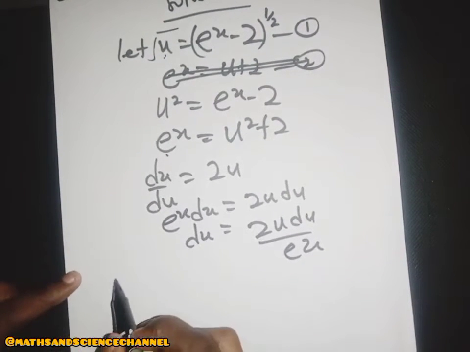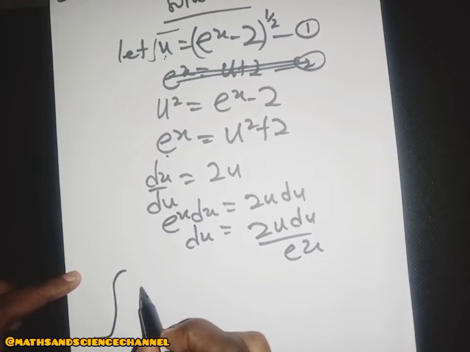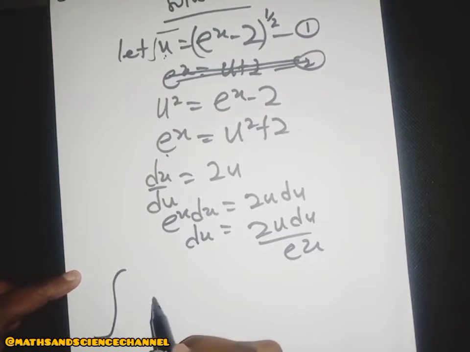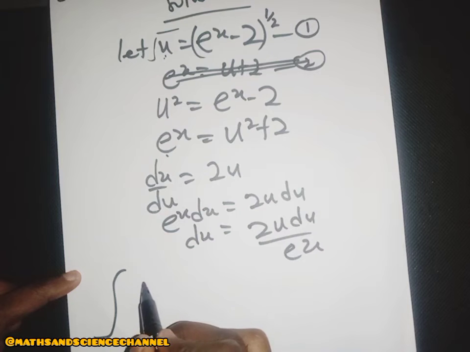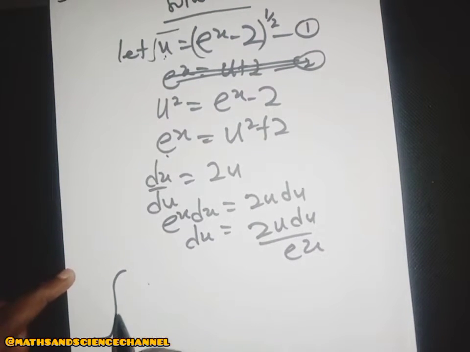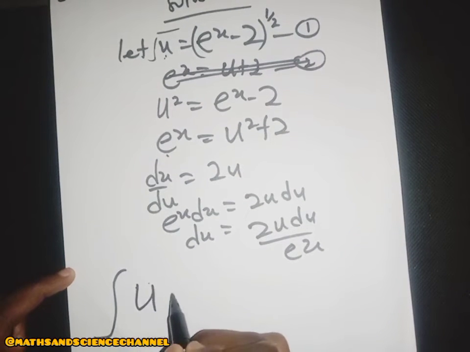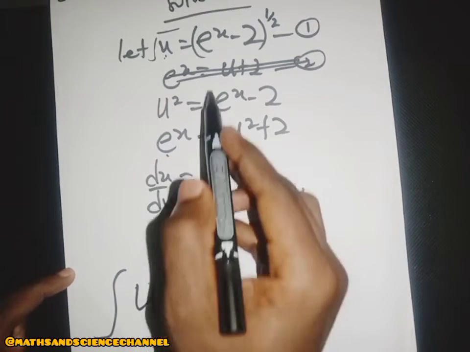So let's substitute the whole of that into the equation. We have just u here, because u represents the whole of that.